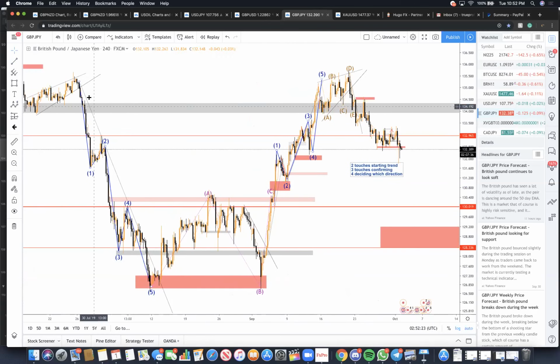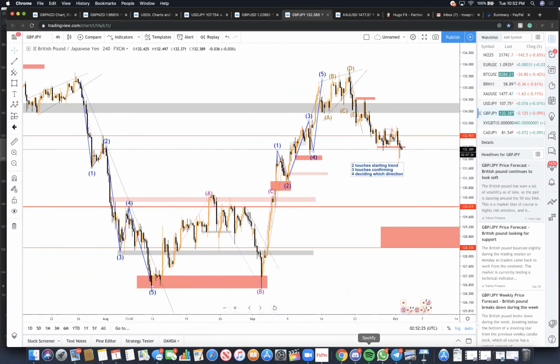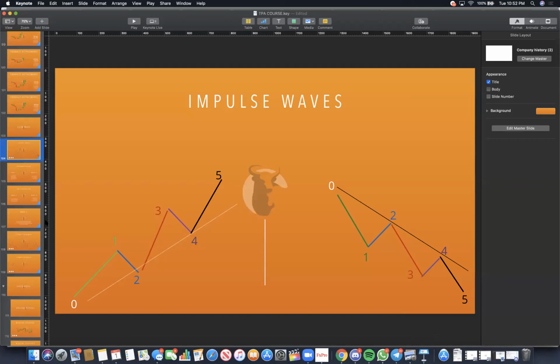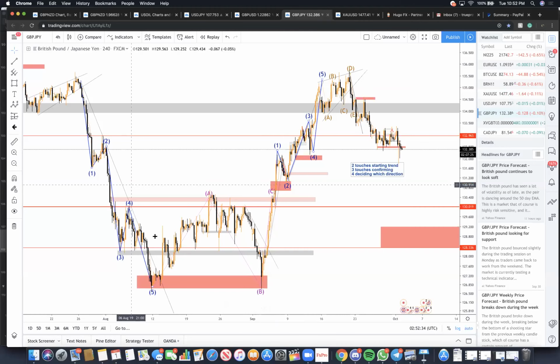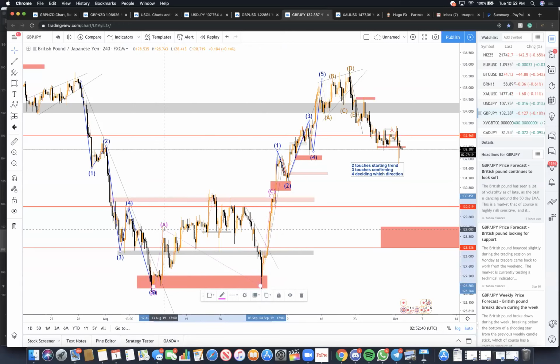On a setup like this where the price consolidates, right? See here? Where price consolidates, we see that we have A, B, C. You can even do A, B, C, and then notice how the market started making its move down.